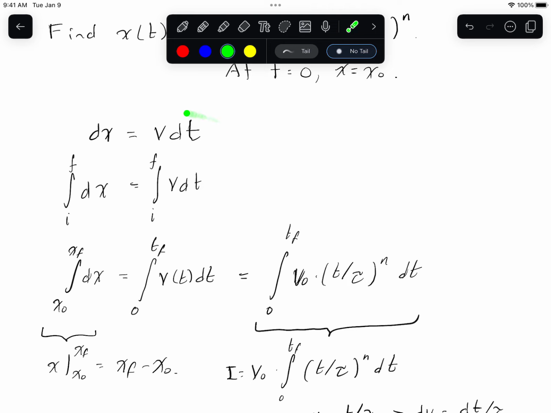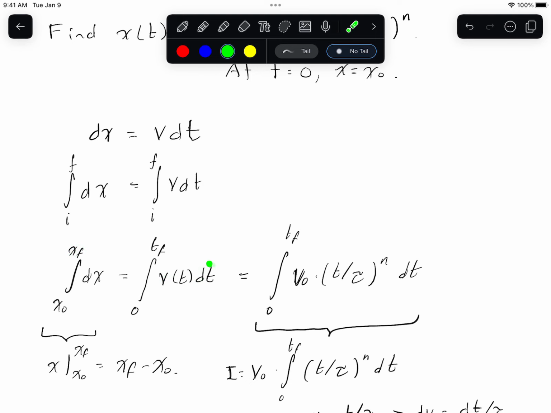You start from the relation between position and velocity. You go ahead and integrate. You go from the beginning of the story to the end of the story. And you use the fact that you know what your integration variables are to set the limits, right? At the beginning of the story, x is equal to x naught, so that's my lower limit. At the end of the story, x is equal to xf, so that's my upper limit.